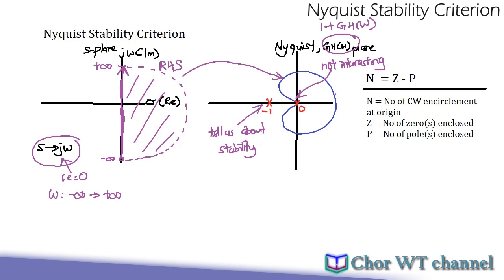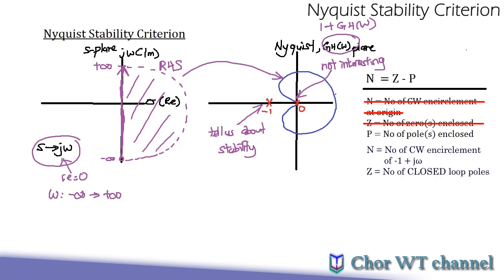And of course, we will have to rewrite the stability criterion N equals Z minus P by changing the clockwise encirclement of the origin into clockwise encirclement of the -1 plus j0 point. The number of zeros enclosed will tell us the number of closed loop poles, since the zeros of 1 plus G H(s) are equivalent to the closed loop poles.